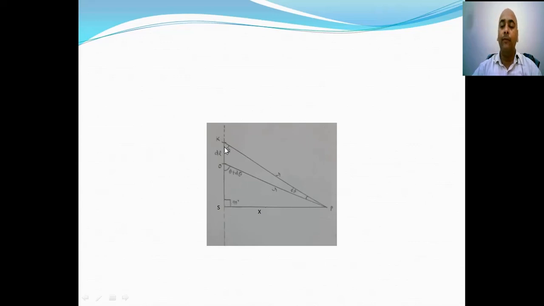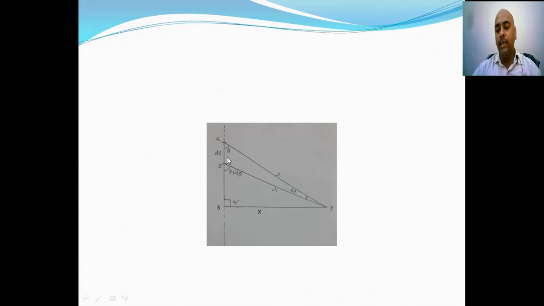We have already assumed that the upper end makes angle theta with the radial line and the lower end makes angle theta plus d theta with the axis of the conductor.